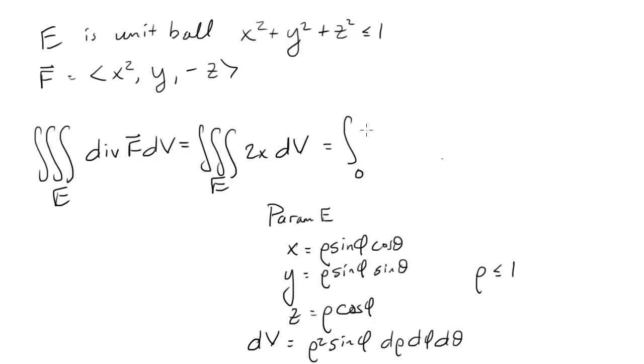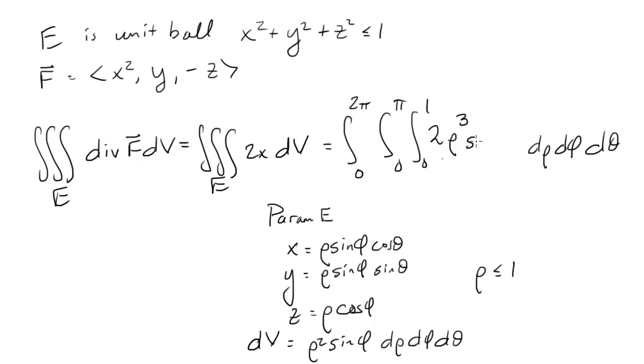Plug in my parameterization. Theta integral, phi integral, rho integral. Now I'm going to do 2x dV. So rho cubed sine squared phi cosine theta.